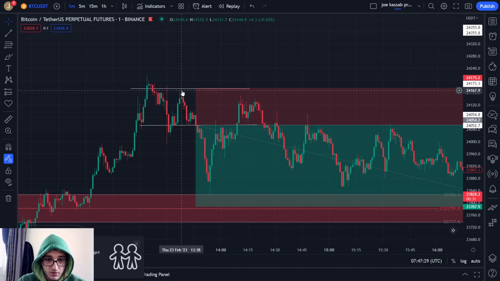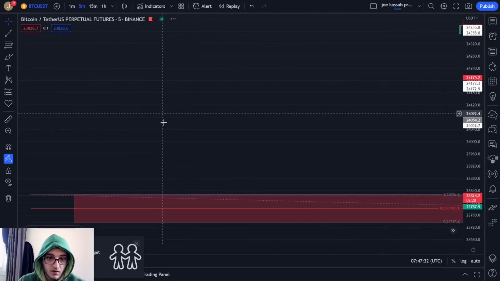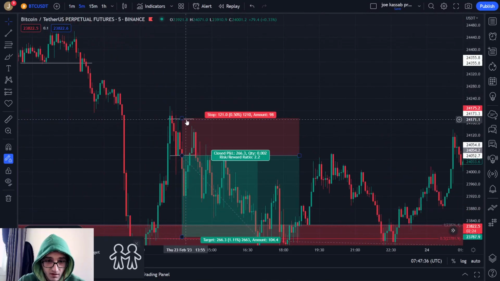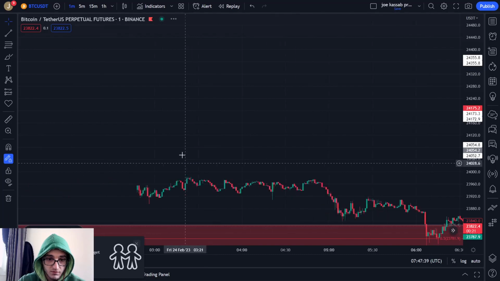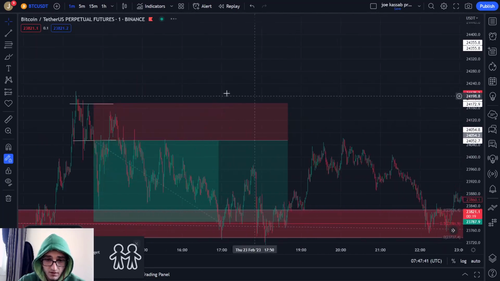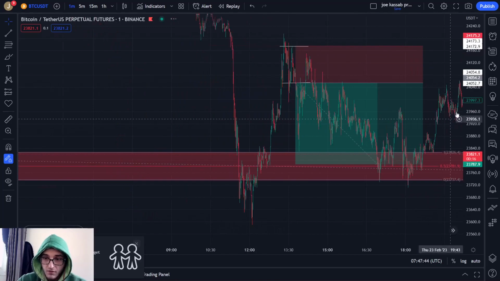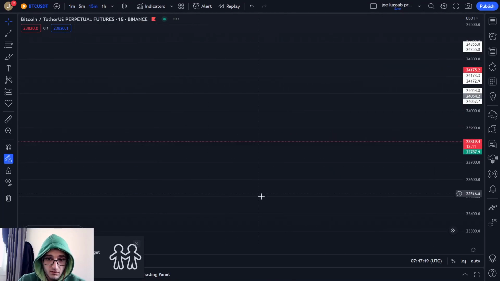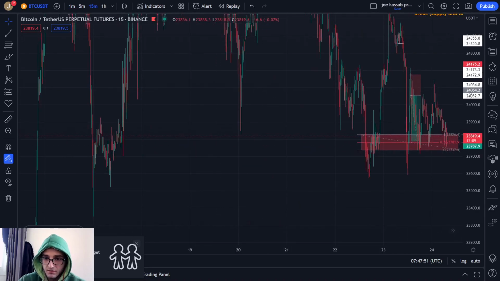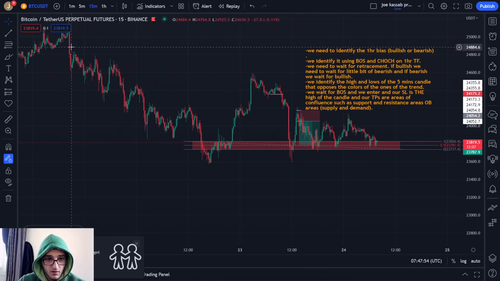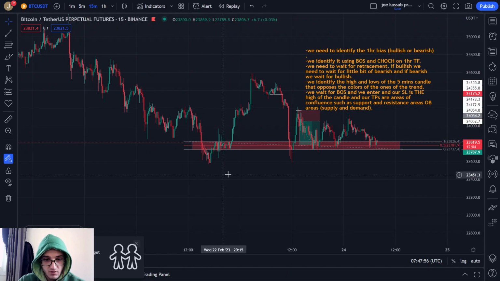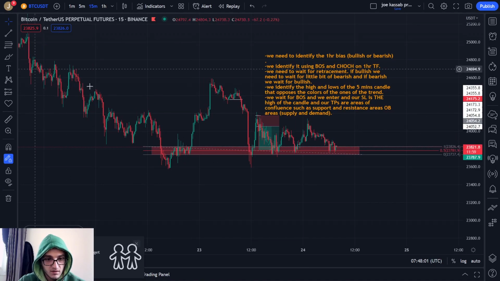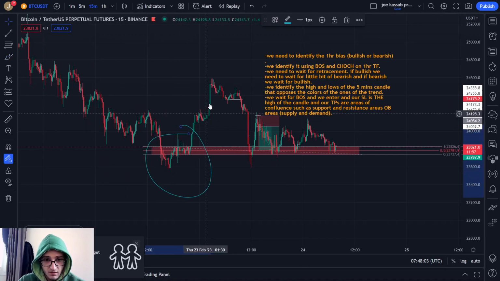We have our stop loss above the high of 5. Okay, this is the high of 5. We have our stop loss above or even to the high of 5. And area of confluence, if you go to the 5, 15, any time frame, you can see that when we were in a bearish bias, so price hit this area and got rejected.